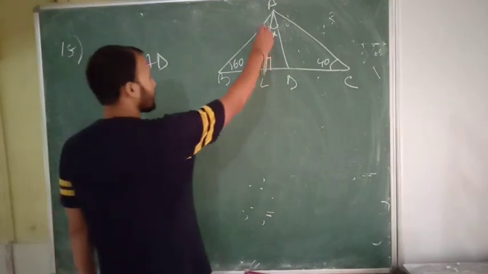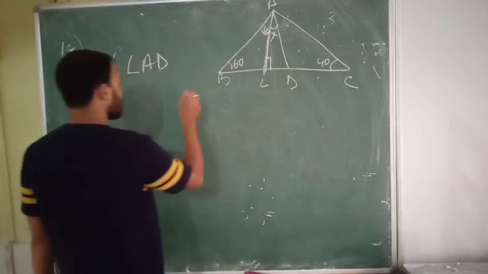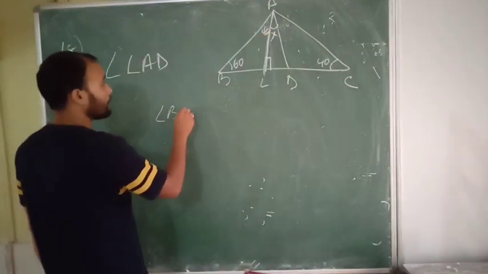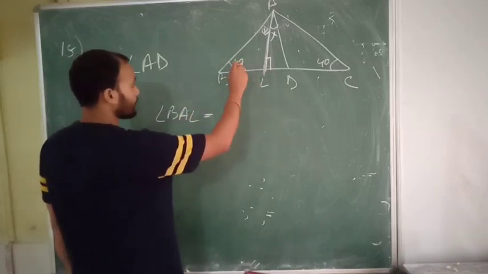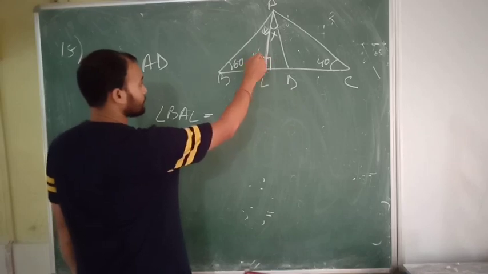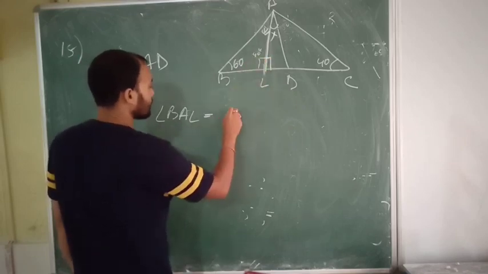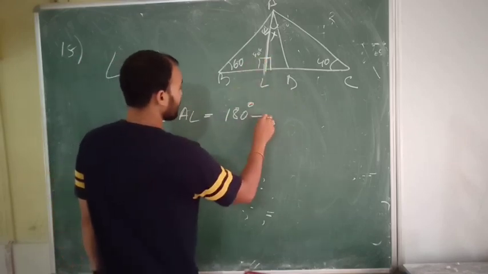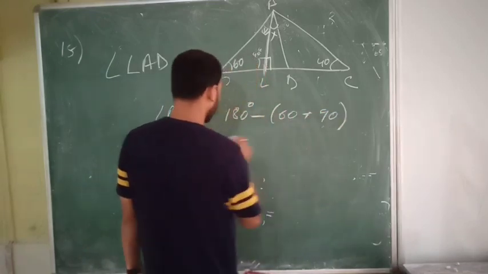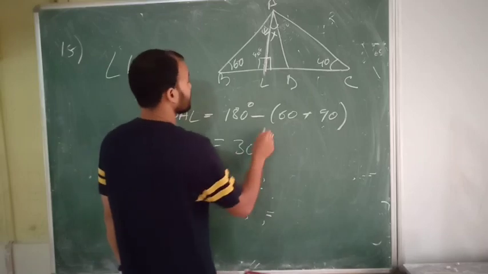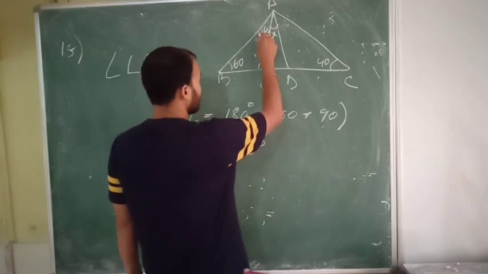First, we want to calculate this angle, that is angle BAL. It will be 180 minus this angle plus this angle. This is 90 degree, straight angle. So 180 degree minus 60 plus 90, that is 150, will be 30 degree. So this angle is 30 degree.